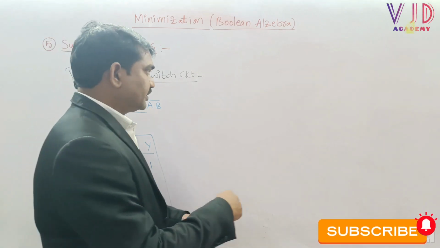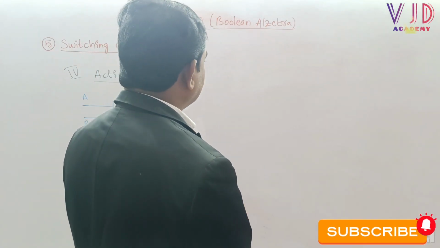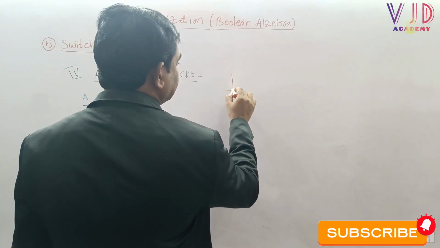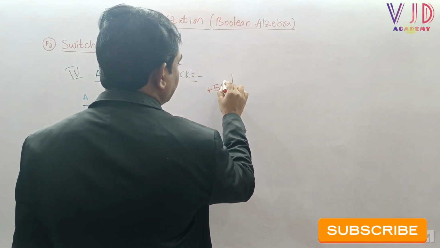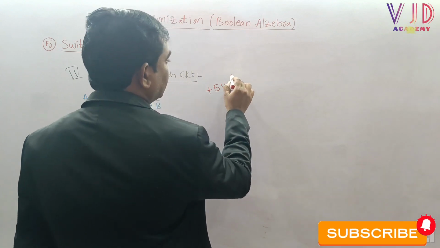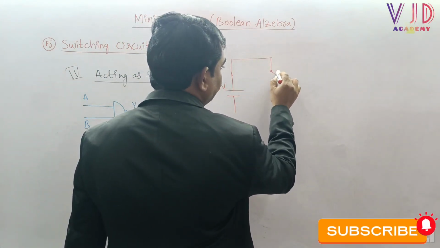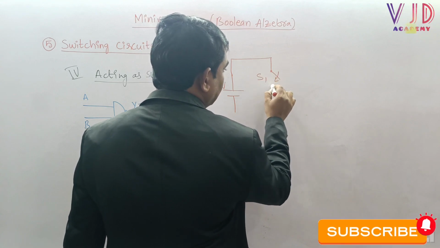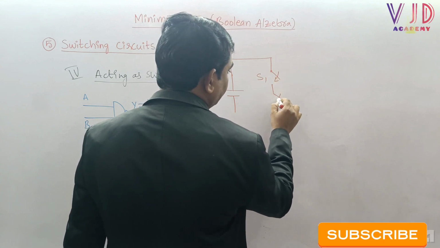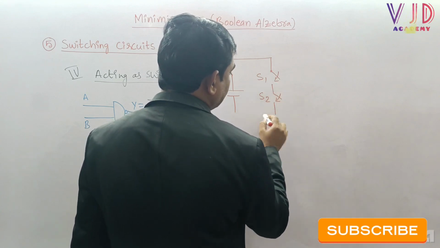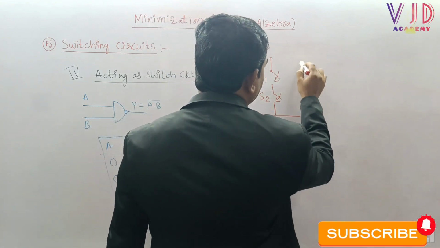Sir, what type of switch circuit do we need to take? Let us see. Here I want to take one power supply, a plus 5 volts power supply, similar to the previous circuit. Here I want to connect switch S1 and switch S2, and both switches I'm connecting in parallel to the bulb.